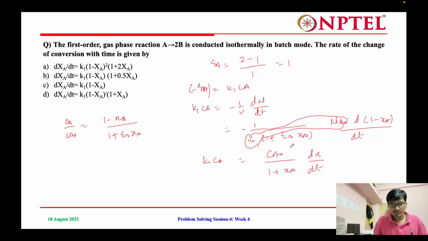So put this value of CA in these equations.